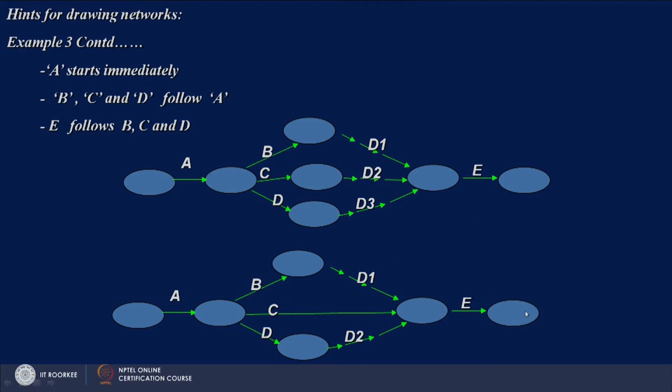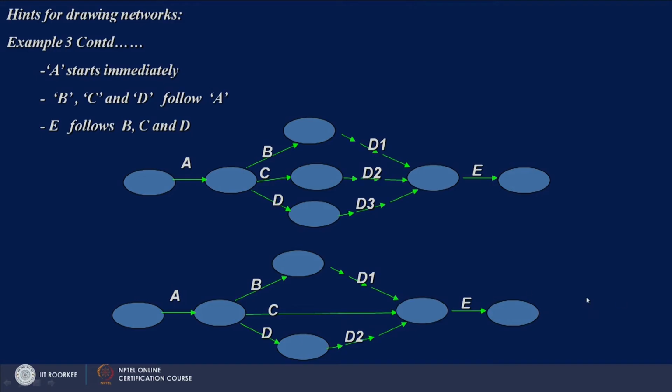You could have done this also. A starts immediately, B, C and D follow A, and E follows B, C and D. In this way I have reduced one dummy activity, so I would say this one is a better network.